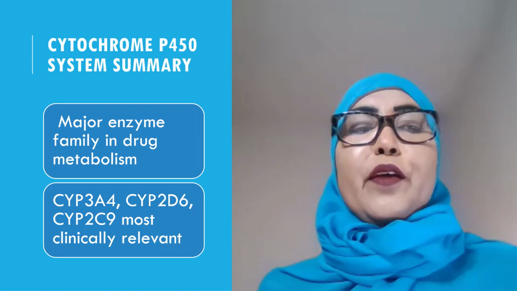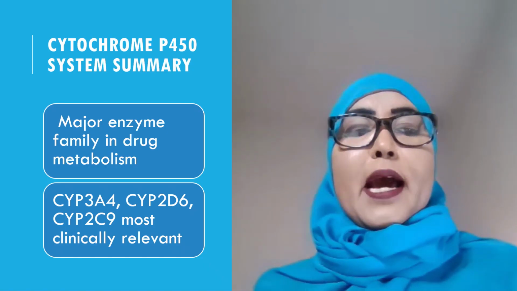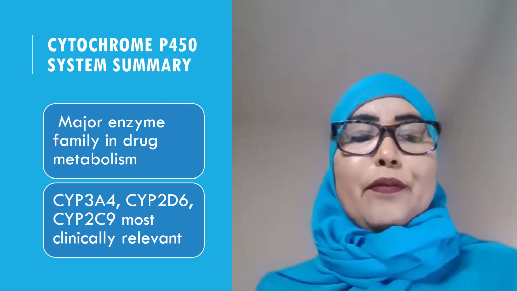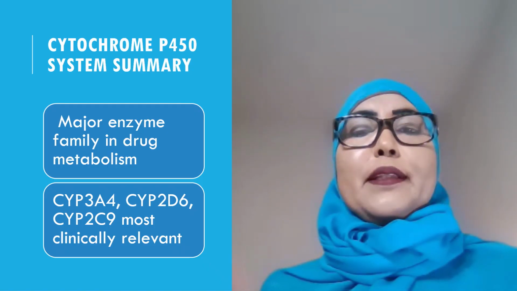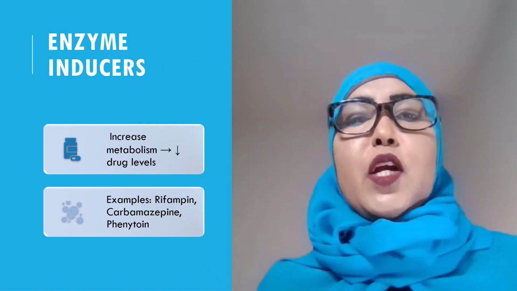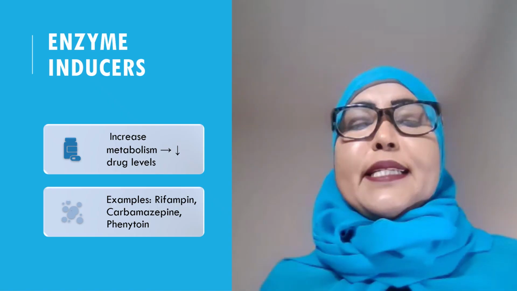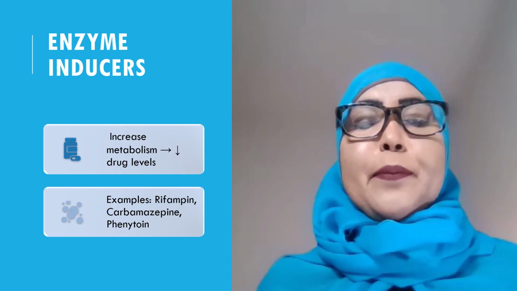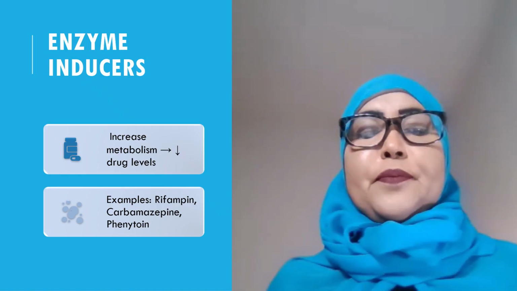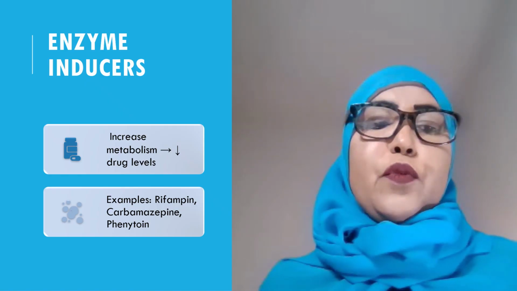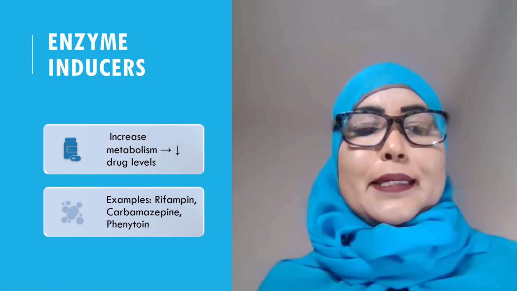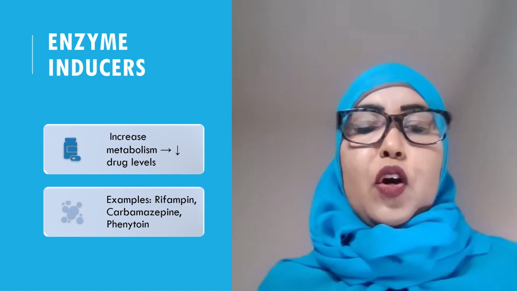Cytochrome P450 system summary. They are major enzyme families in the drug metabolism, and they have clinical relevance for drug effect. Enzyme inducers increase drug metabolism and lower drug level in the body. Examples of these medications are rifampin, carbamazepine, and phenytoin.